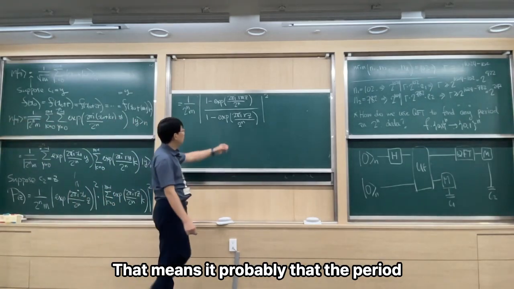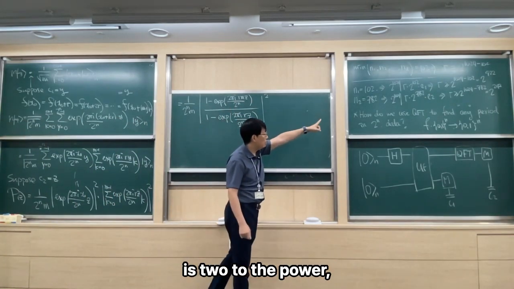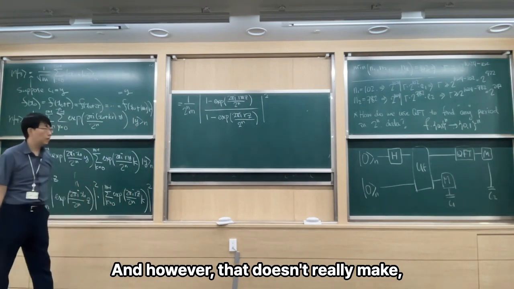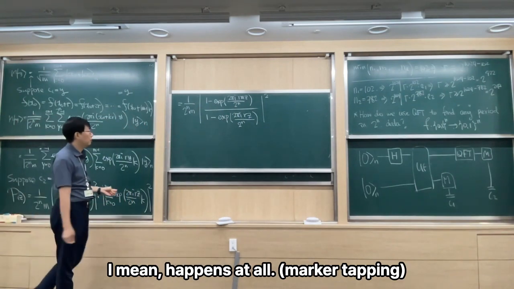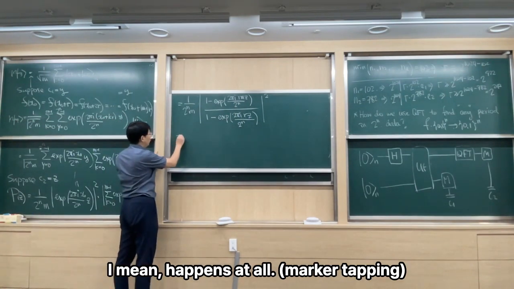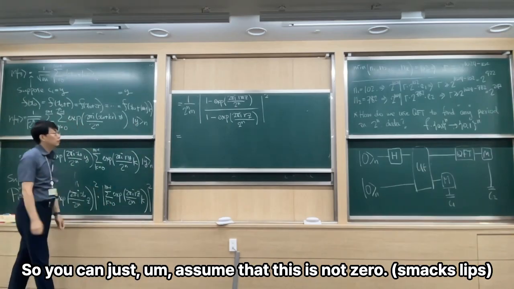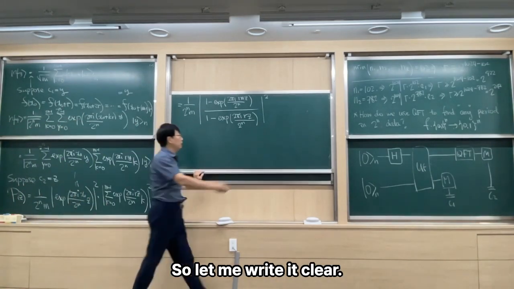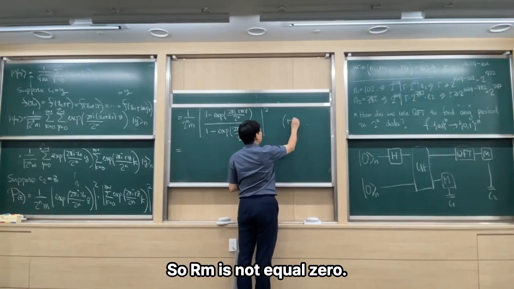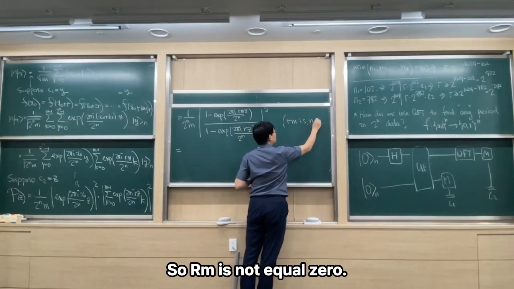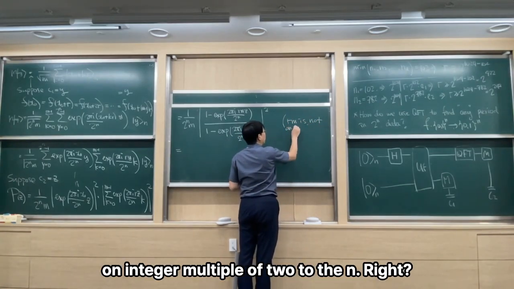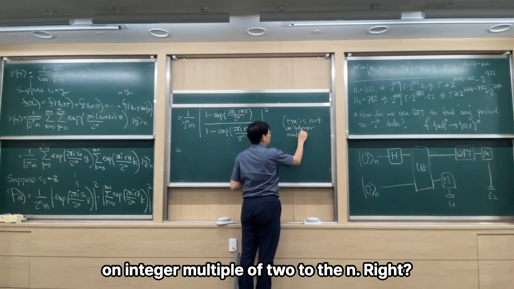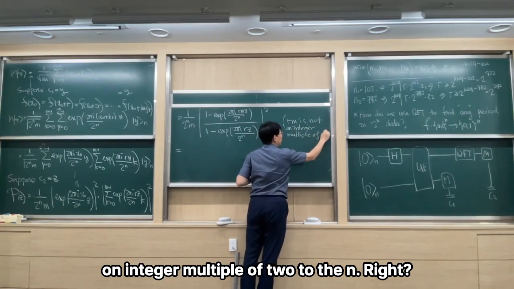It probably means the period is a power of 2, so you can go back to the original method. However, that doesn't really happen, so you can just assume this is not 0. Let me write it clearly: rm is not an integer multiple of 2 to the n.